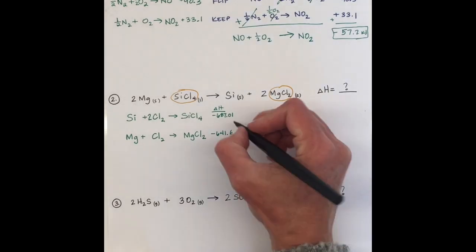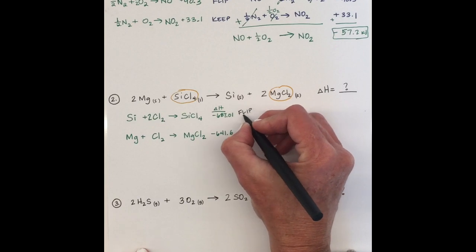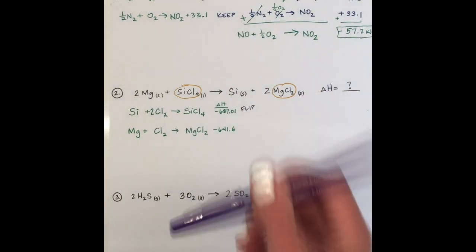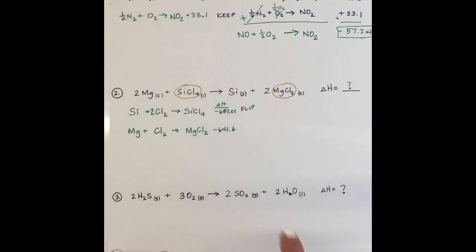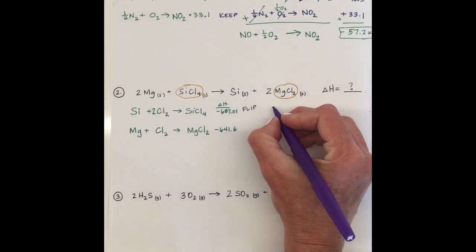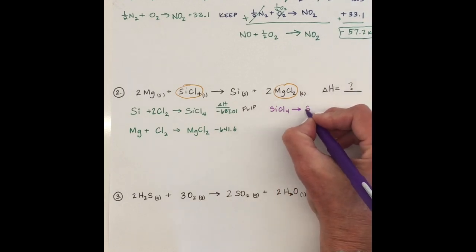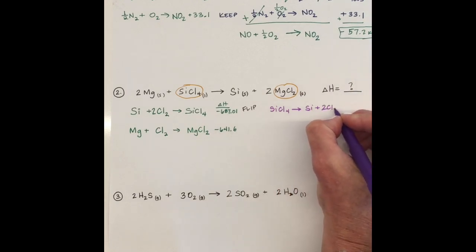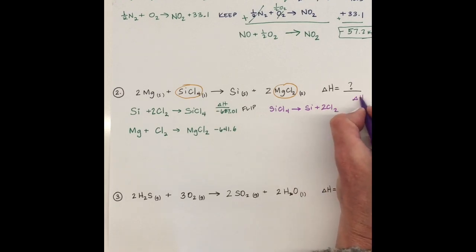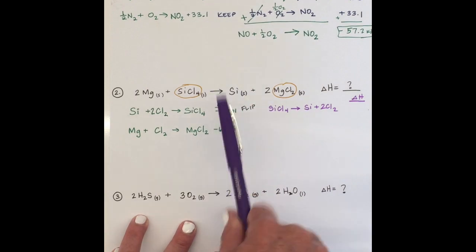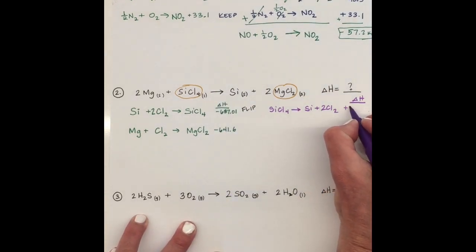So you write the word flip so that I know that you flipped it. And that's, again, for full credit on these, please do this. Flip it over. I'm just going to reverse the equation. SiCl4 turns into Si plus 2 Cl2s. Because I flipped it, I changed the sign of the delta H. It is now positive 687.01.